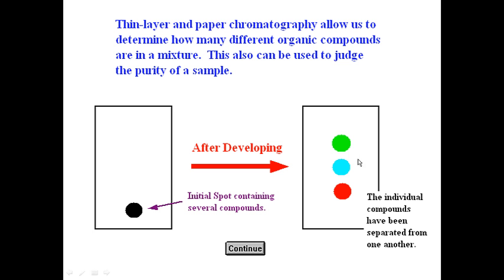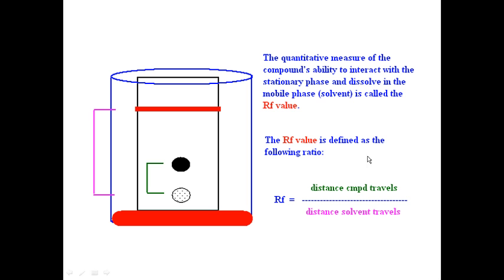Okay. So in terms of looking at the TLC plate, there is a way to quantitatively measure how much time the spot spent stuck to the stationary phase versus how much time it spent in the mobile phase. And this is what's called the RF value.